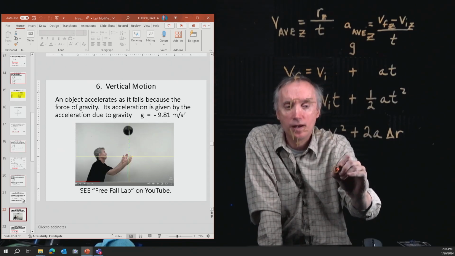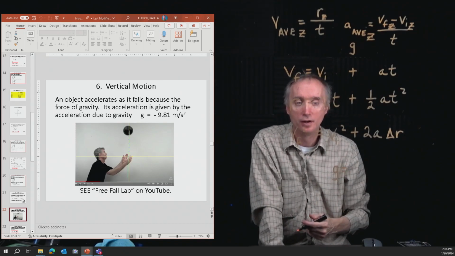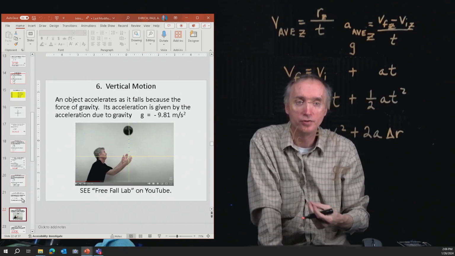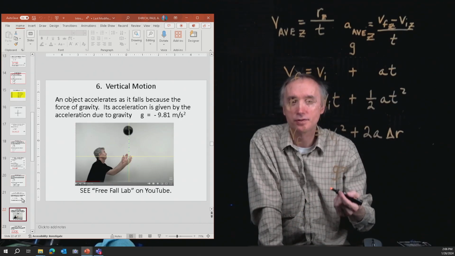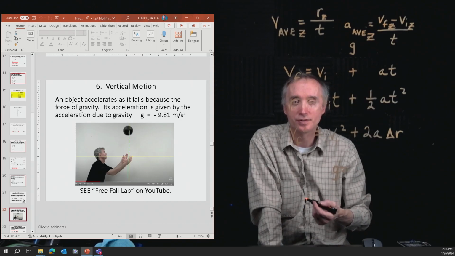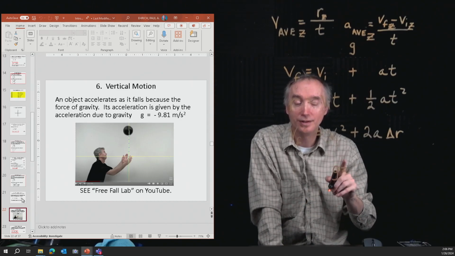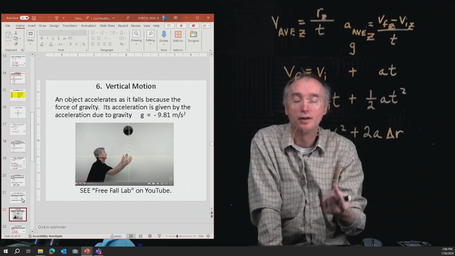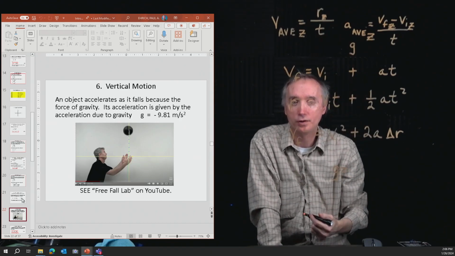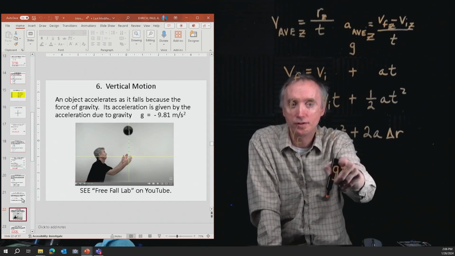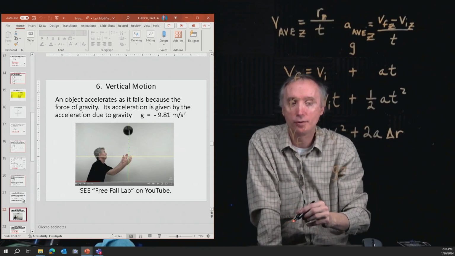So as long as you are close, within 100 miles or so of the Earth's surface, and that's what we're going to do on the exam, we're going to say that G doesn't change. It's a constant. Now, in fact, it does, so that the higher up you go in the air, gravity gets weaker. So this number actually does get smaller the higher up you go.